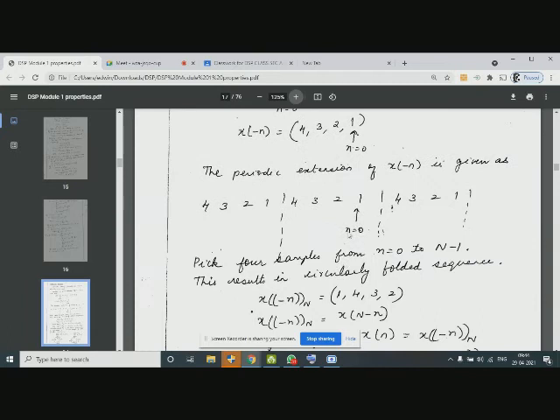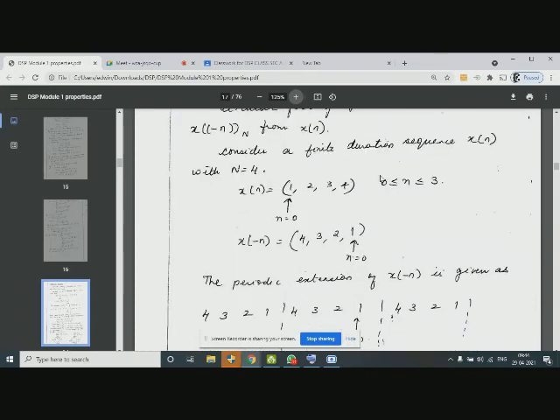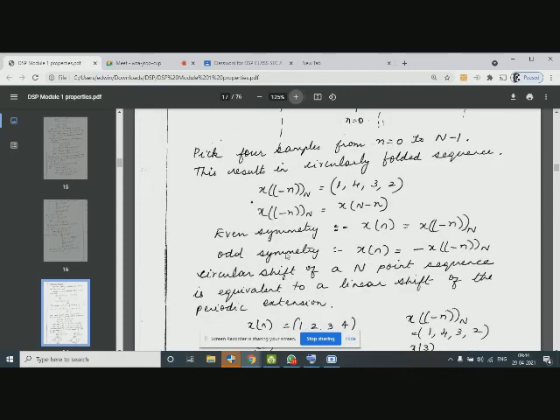Because the periodic extension of this is there, right? You have your 1, 2, 3, 4. Right now what happened, because you reversed the time, the sequence itself got reversed. Okay, that is a periodic extension. So let us take a few samples from this. And what I'm going to prove is there is symmetry even in this.